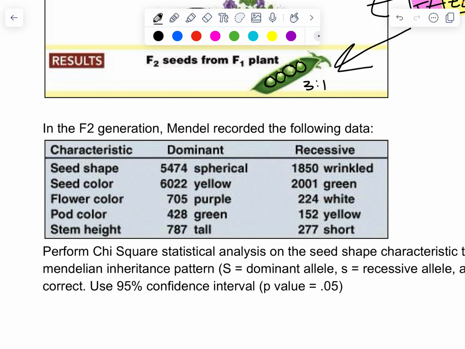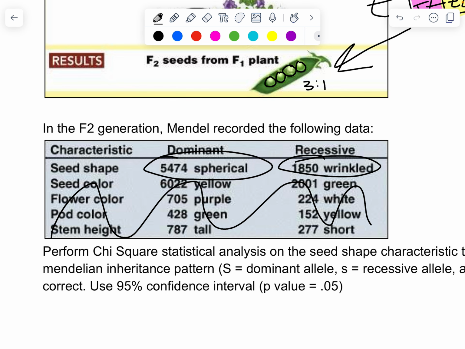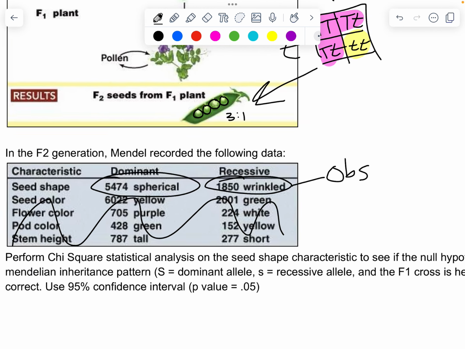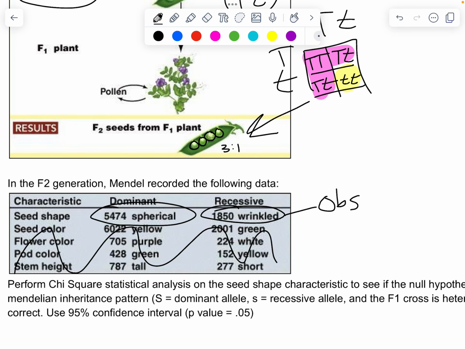We're not looking at those ones, we're looking at these. Those are observed results, and then our expected are from our ratios.